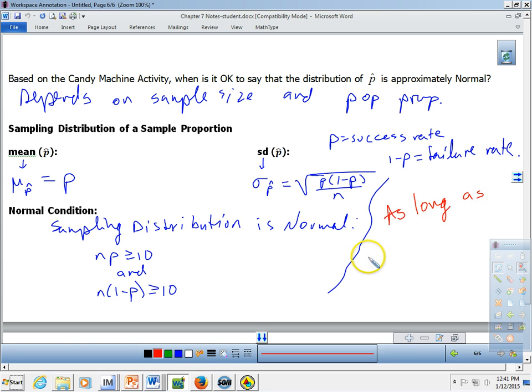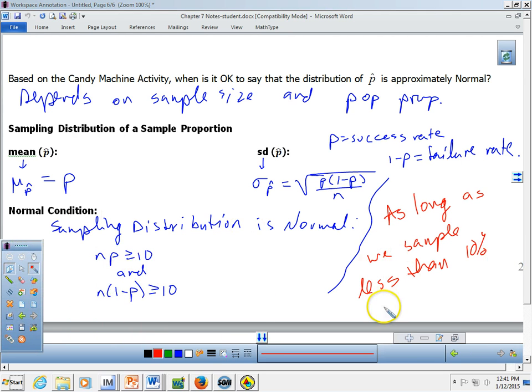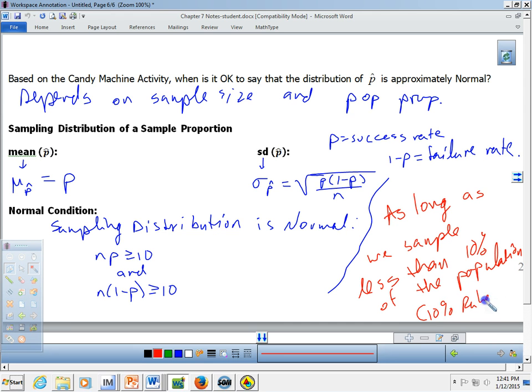So as long as we sample less than 10% of the population, also known as the 10% rule. Okay? 10 shows up a bit.